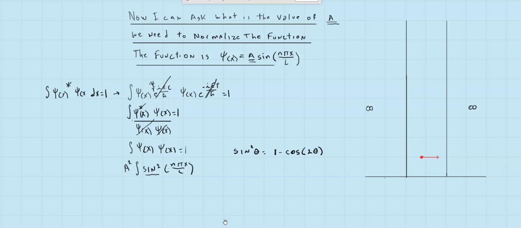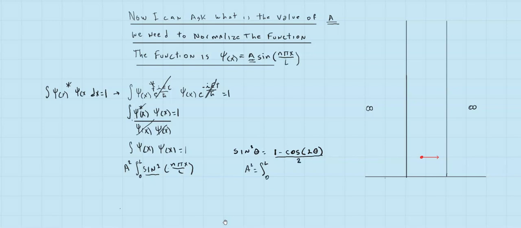We're going to use it from 0 to L. From 0 to L. Okay, if I integrate this, I'm going to get my A squared. My A squared is equal to my integral from 0 to L, and this is, I'm sorry, this is over 2.